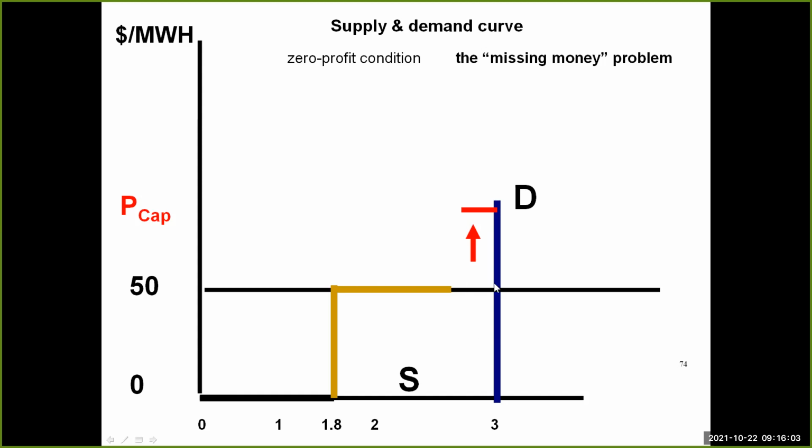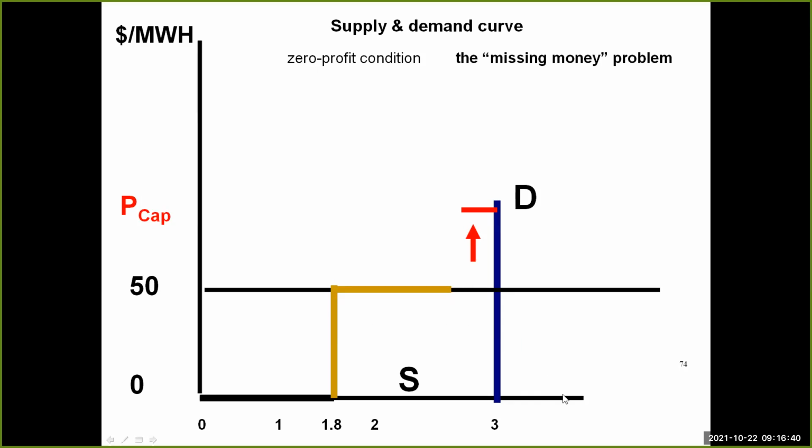So how does this process work? In the end of the day, the gap here needs to be exactly big enough for these guys to recover their fixed cost. It depends a bit how high this price is. Given a level of this price, we can actually calculate what should be the percentage of time that there is a shortage, because then everybody gets the money, and it should be exactly such that these guys recover their fixed cost.